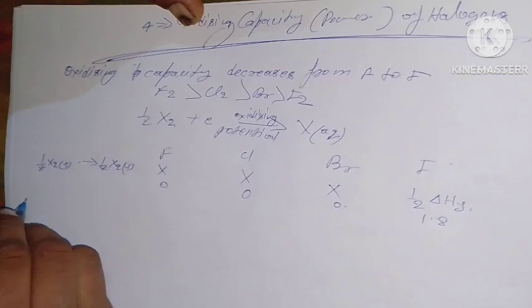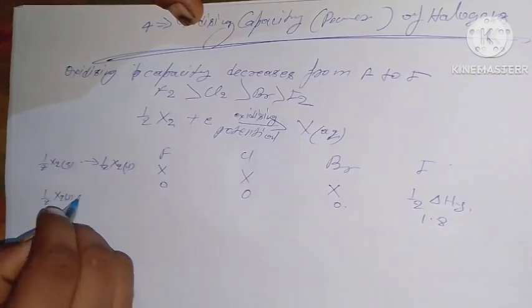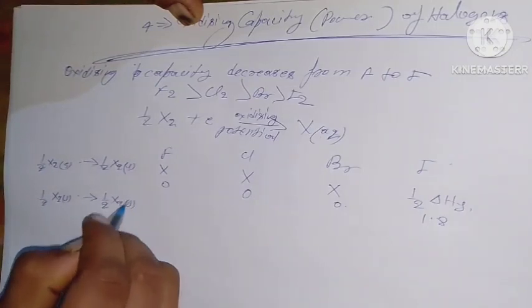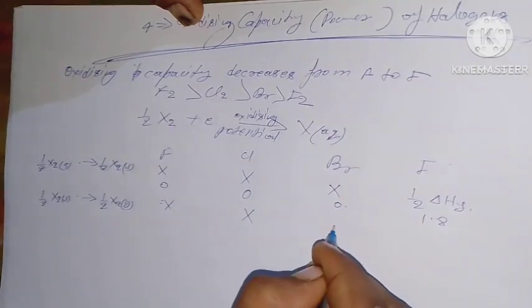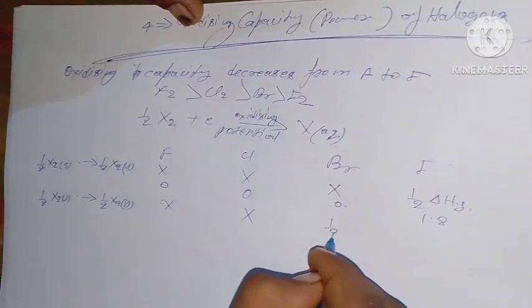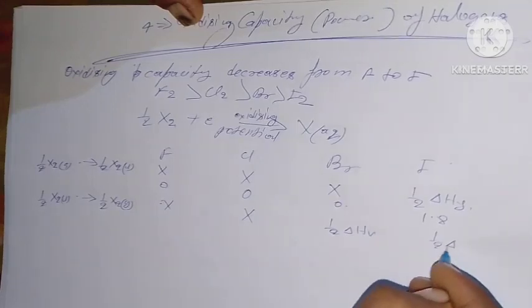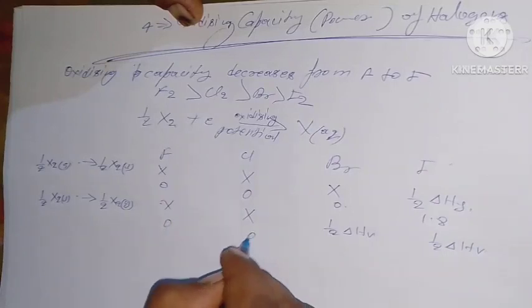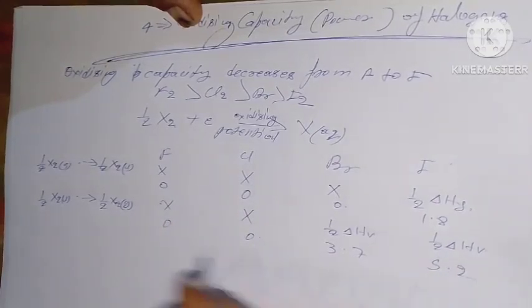Okay, and half X2 liquid is converted to half X2 gas, with half delta HV. The values are 0, 0, 3.7 and 5.2.